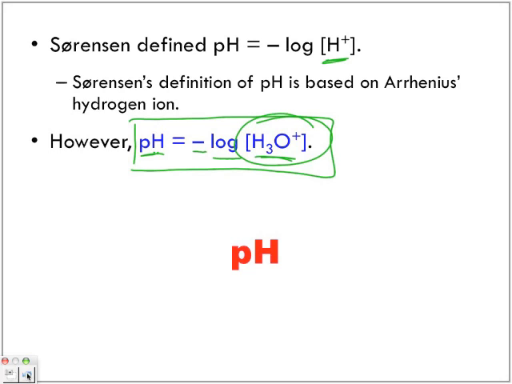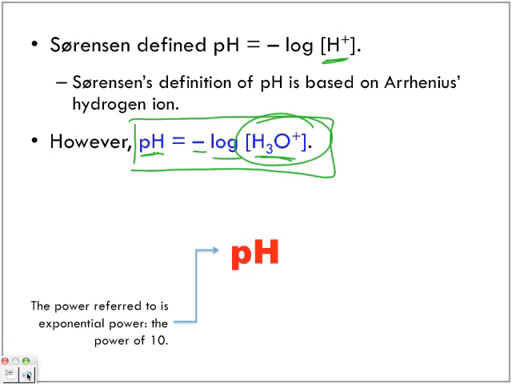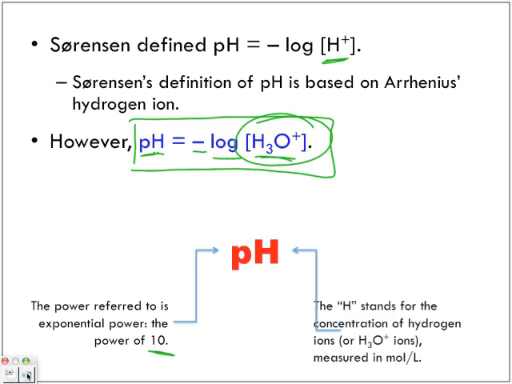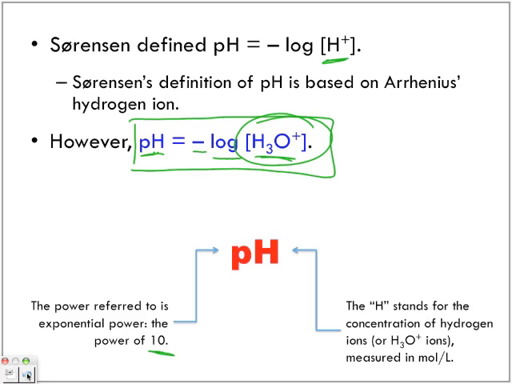So what does pH really stand for? Well, we're looking at power, power of 10. That's why we're calculating the logarithms. A logarithm is 10 to the power of something. So what power of 10 is going to give me whatever number we're looking for, the logarithm of something. And then H stands for the concentration of the hydrogen ion, but not really the hydrogen ion, it's the concentration of the hydronium ion.